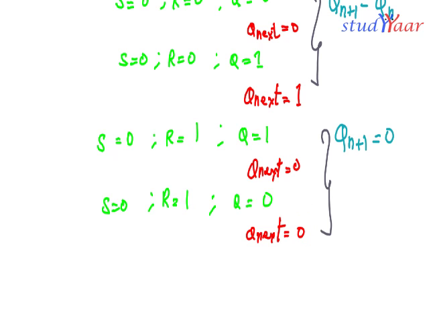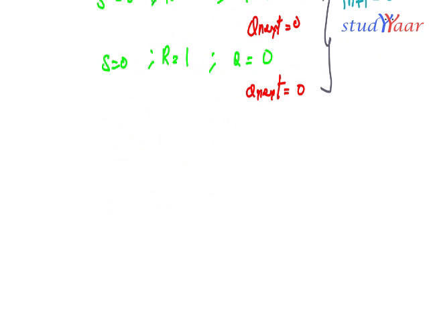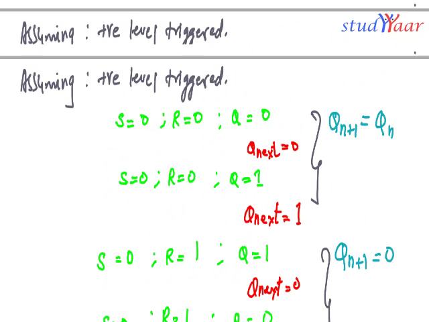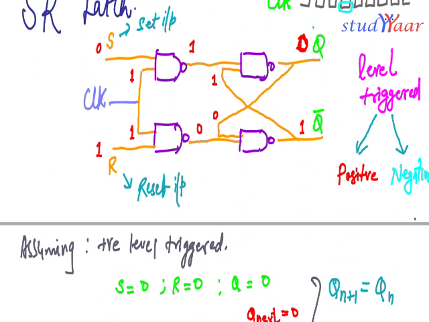Now we are going to look at another scenario when your S is equal to 1, your R is equal to 0 and your Q is equal to 0. Let's see what is happening over here. What has changed? S has become 1, R has become 0.